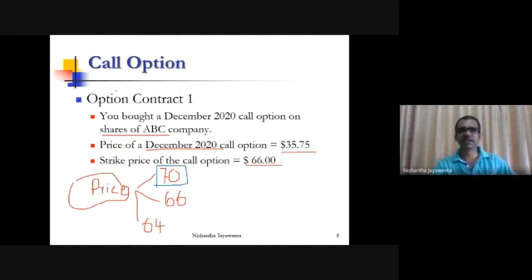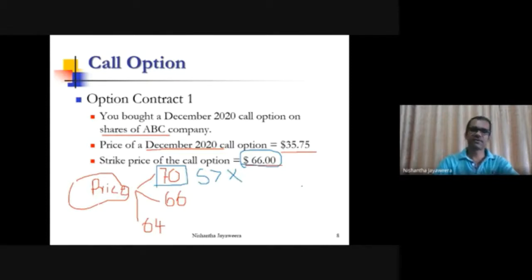At 66, because that's the agreement. The option seller has agreed to sell you shares in December at a price of $66 per share. That's the right that you have. You can buy those shares by paying $66 per share. So now the market price is 70, above this strike price. Here the spot price is greater than the strike price.